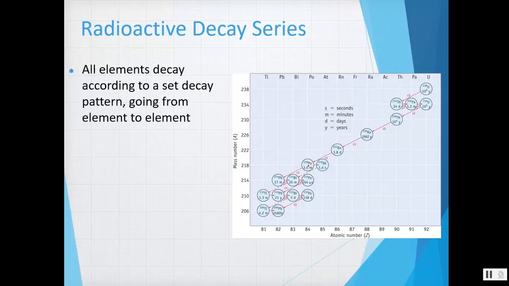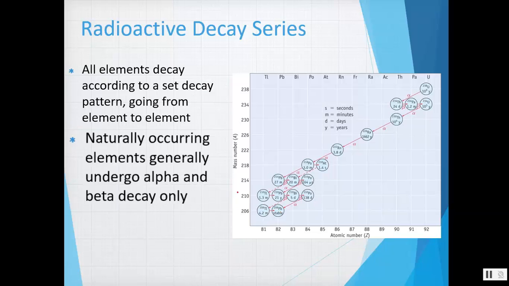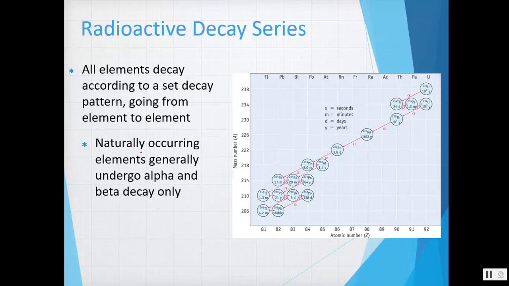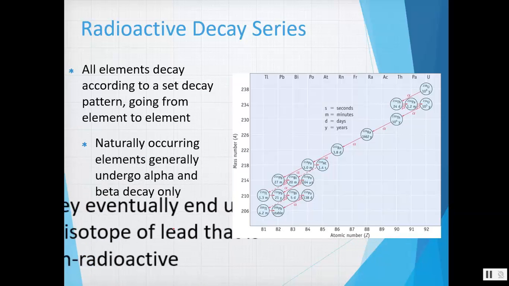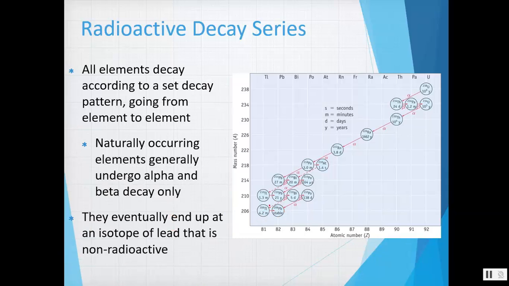In this case, the polonium can either undergo alpha decay or it can undergo beta decay. And then eventually what we end up with is a stable lead isotope, the lead-206 isotope. Our naturally occurring isotopes are only going to undergo alpha and beta decay. And then, like I mentioned, that will eventually give you an isotope that's not radioactive.